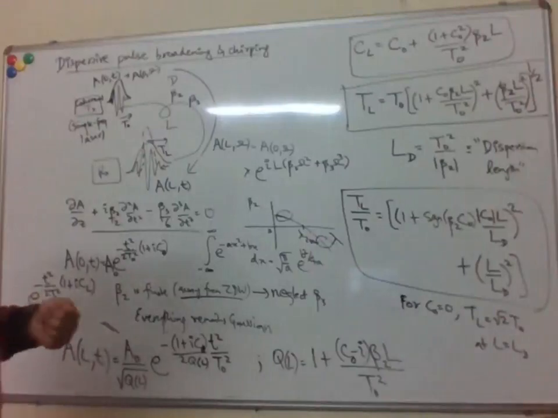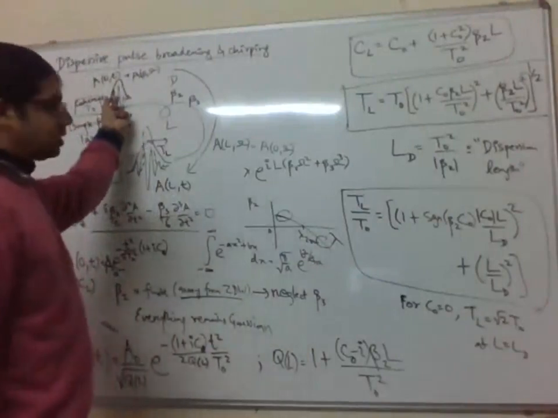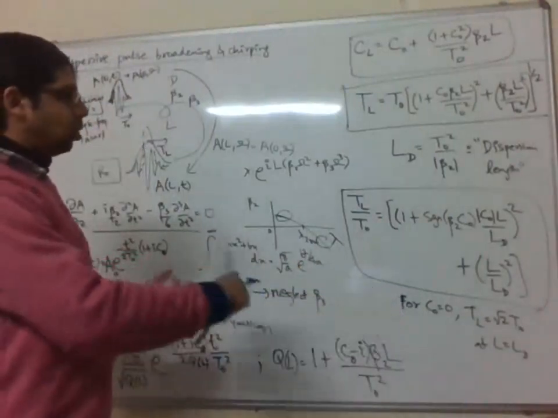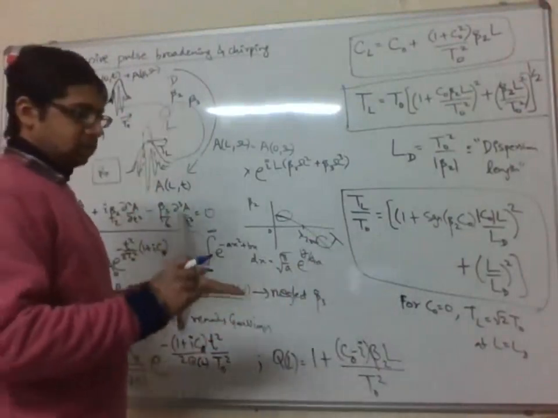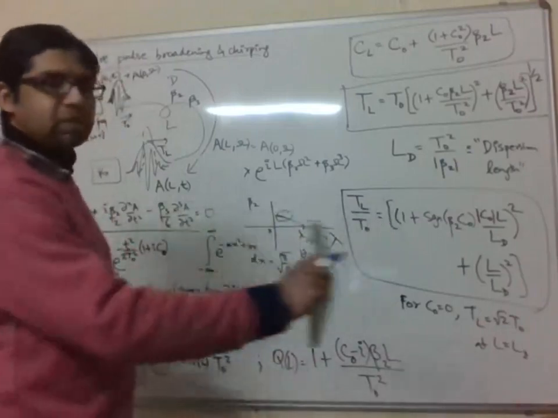And why is that? Again, recall from Fourier transform, a shorter pulse means more frequency components. And more frequency components traveling through a dispersive medium means these different frequency components are traveling at different velocities, so they would spread more.